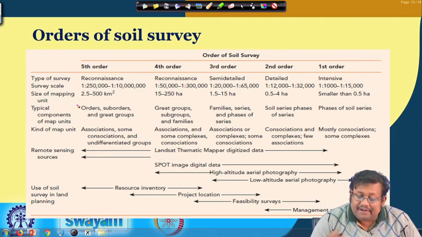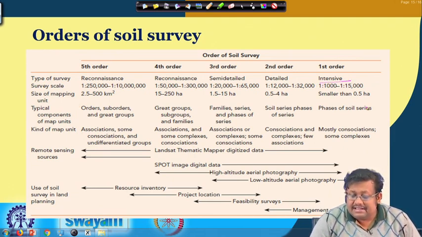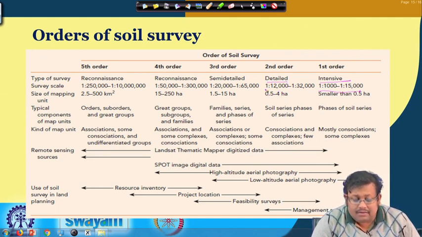You can see the first order is very intensive, and it generally takes the scale of 1:1000 to 1:15,000. The second order is called detailed, where the survey scale is 1:12,000 to 1:32,000. Then semi-detailed is the third order, and here the scale is 1:20,000 to 1:65,000.